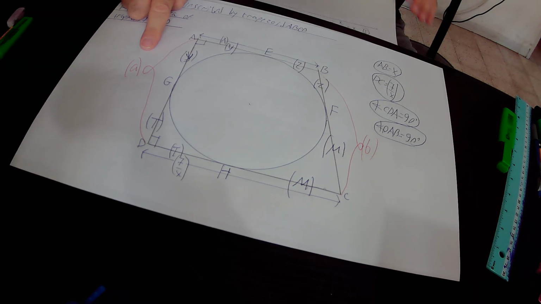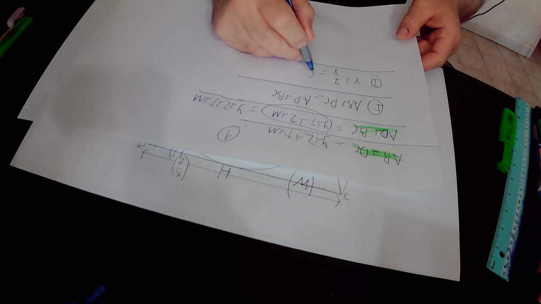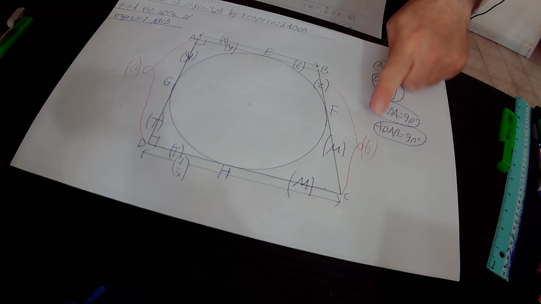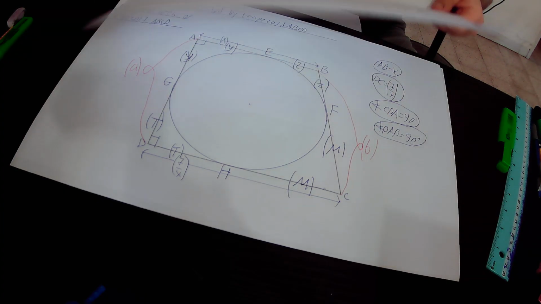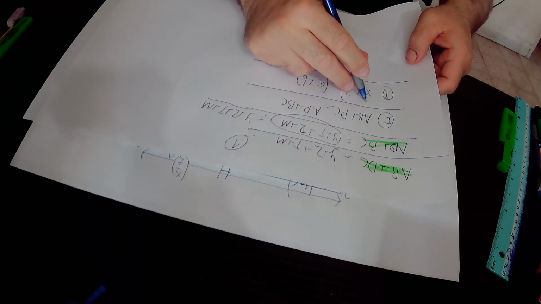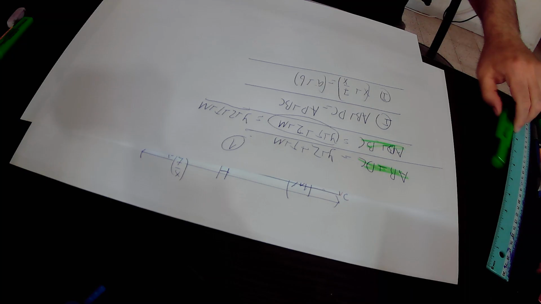AD equals A according to our definition, plus BC. BC equals B also according to our definition. So in conclusion, according to equation 1, x plus 7 over x equals A plus B.